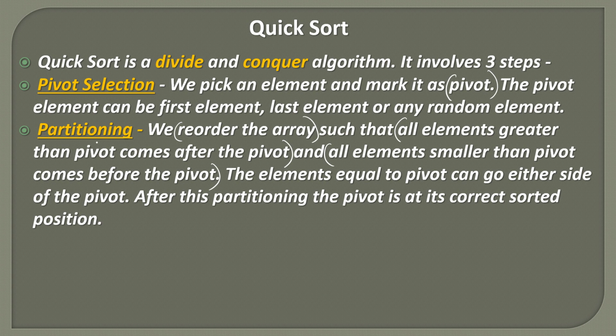And once this partitioning is done, based on the reorder of the array, the pivot is actually at its correct sorted position. So this we already discussed in our previous video.